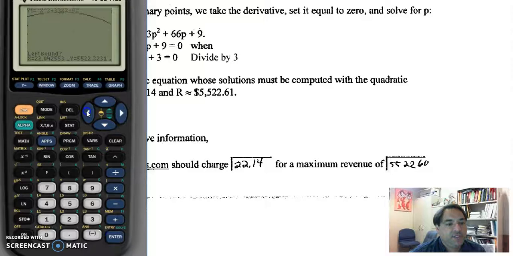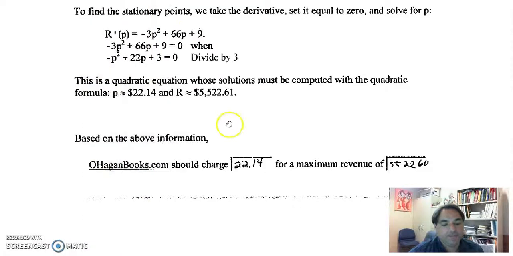Go to the left of the highest point, press enter, go to the right of the highest point, push enter, guess where you think the point is, push enter, and it will give you 22.14 as well. Okay, so it's nice ways to check using your calculator.